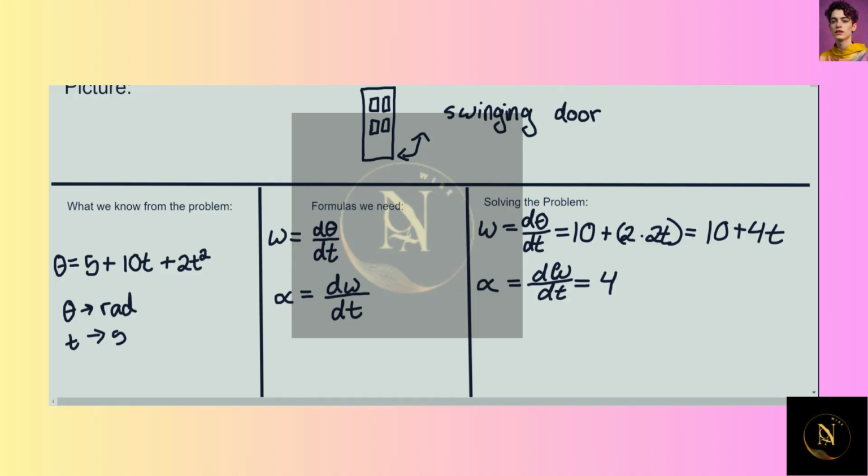So let's start plugging in numbers. It asks first for a certain time. It asks for time t equals 0. And it wants you to find each of these at time t equals 0. So it wants you to find theta, it wants you to find angular speed omega, and it wants you to find angular acceleration.